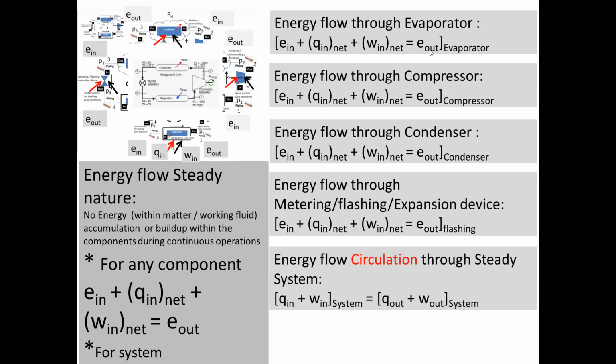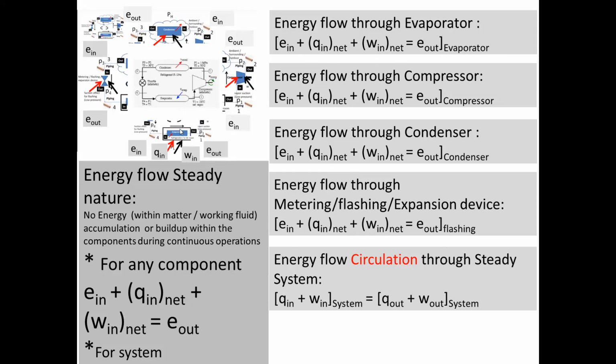All together should leave with the fluid, E out. It's the same for the evaporator, this balance. Same for the compression, same for the condenser, same for the flashing. So that's how these energy levels remain stabilized.